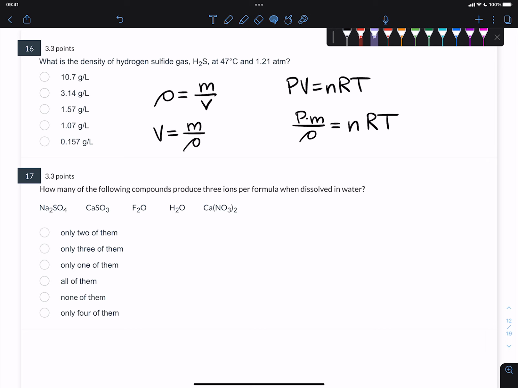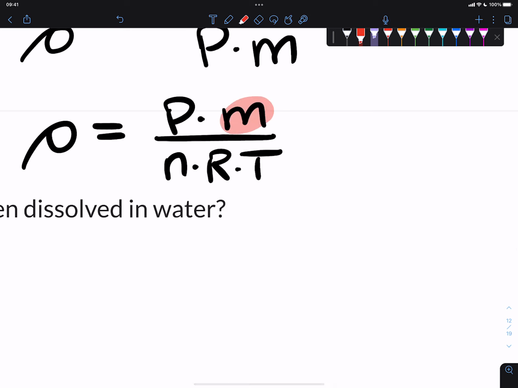So just divide and do your mathy stuff. You divide both sides by M and by P. Then you get 1 over here. You can flip it all, and then you get rho is equal to P times M divided by n times R times T. But then you have to recognize something that I think is kind of neat: M is for mass and n is for moles, so that actually means molar mass.